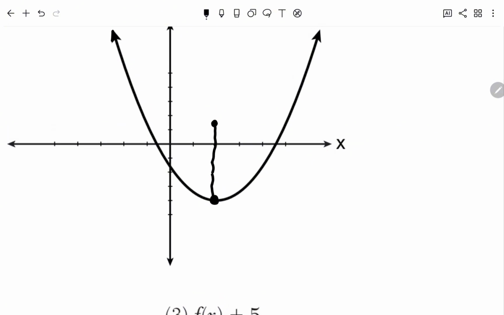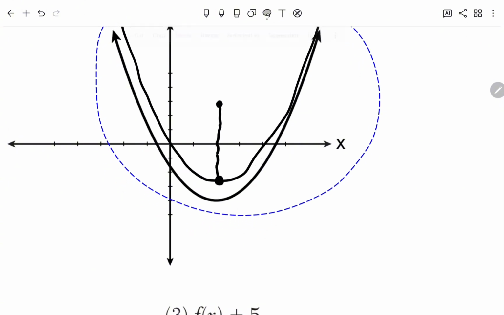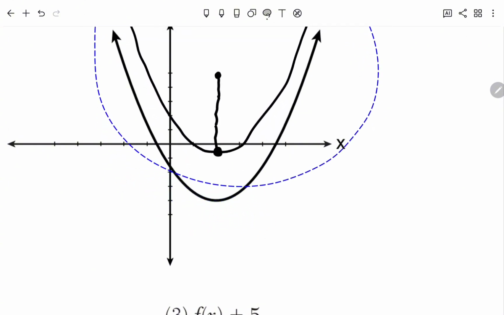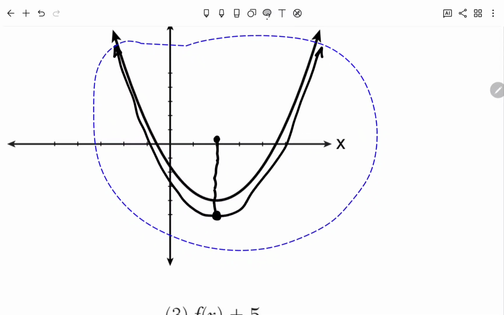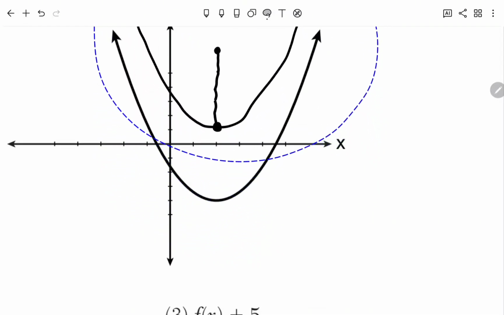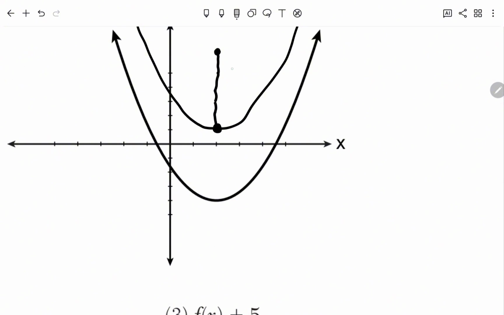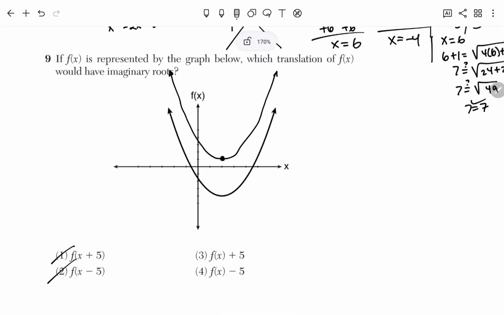So I'm going to move my initial graph here. And when I move it, it no longer hits the x-axis. Does it have imaginary roots? Yes. That's my answer. Answer choice 3.